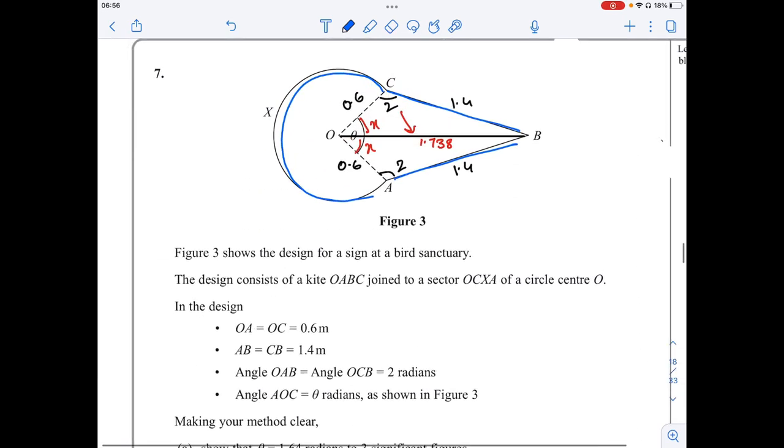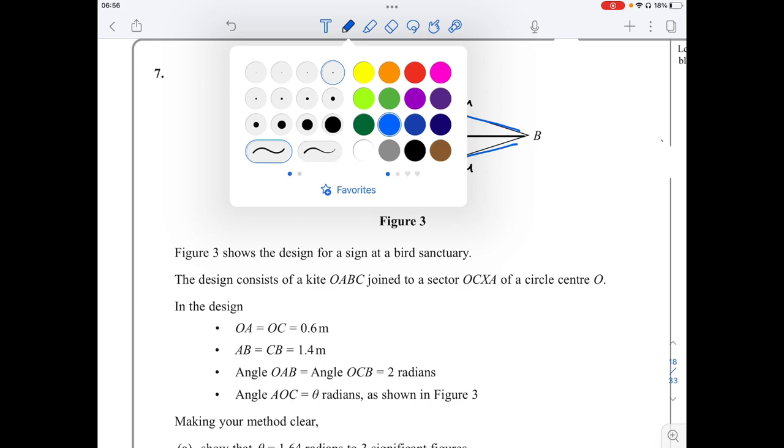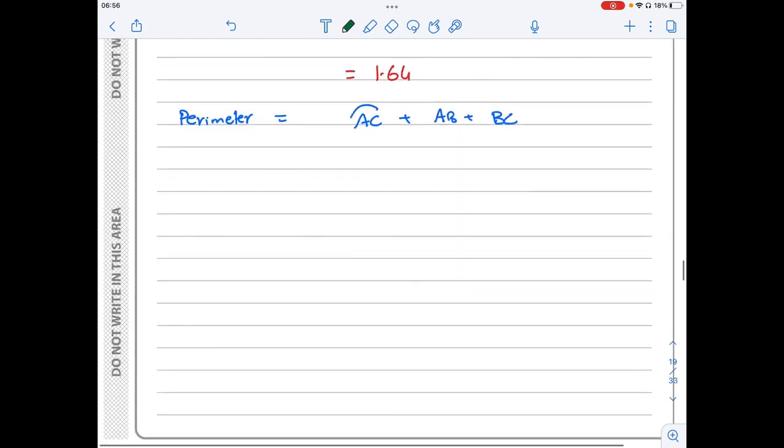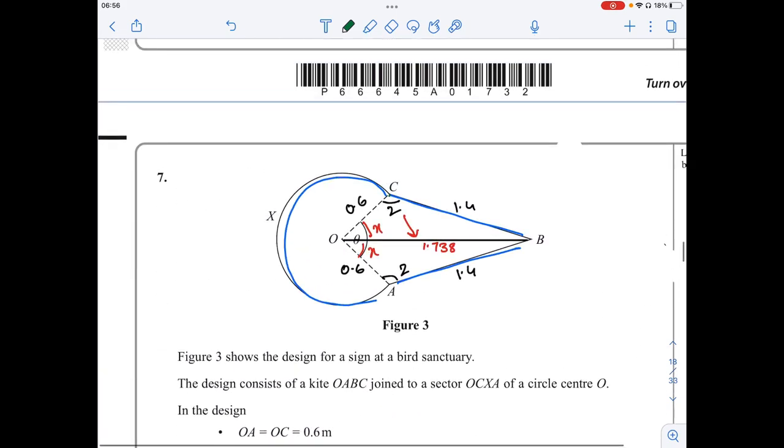For that part, I take this one, ACX. Basically, to be more clear, it should be AXC. So if I subtract arc AC from the total circumference of the circle, it will be much easier to find. So I'll find arc AC and subtract it from the circumference of the circle, then arc AXC can be found.